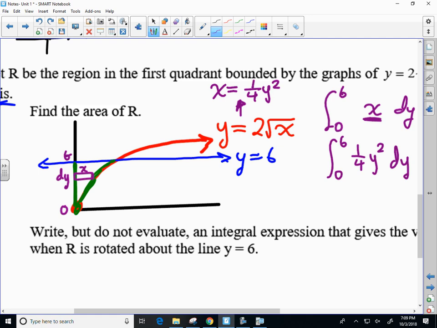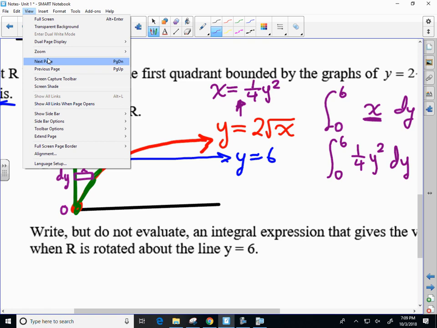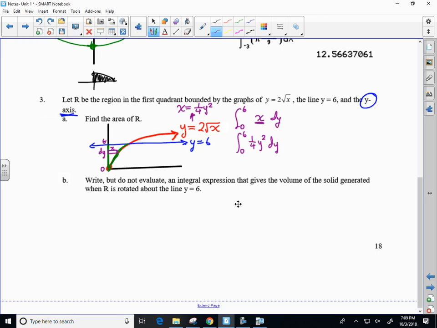So the change in perspective made our life a little easier, because if you didn't do it that way, you would have to find the intersection between these two curves to give you the outer bound for x. Then you'd have to integrate the difference between the dominant and the non-dominant function.